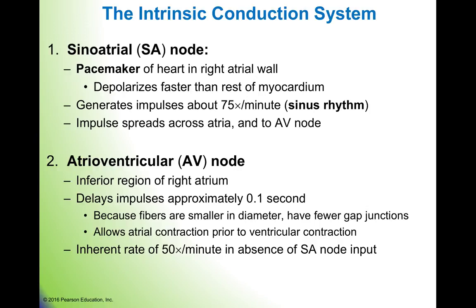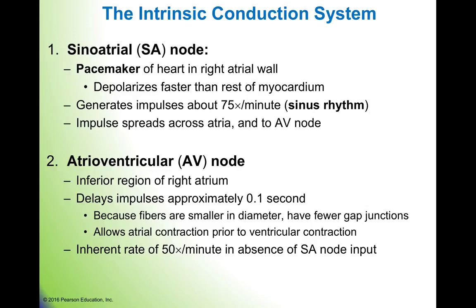Now ventricles can contract much more efficiently because they're filled with blood, so they can circulate blood more effectively. So this delay of about 0.1 second inside the AV node before sending the signal to the AV bundle ensures that the atria are done with their contraction before the ventricles contract.